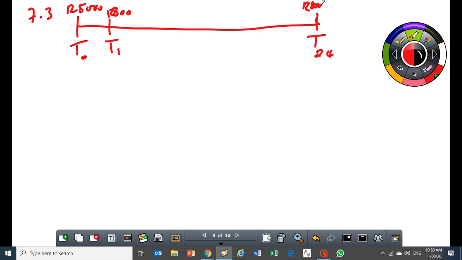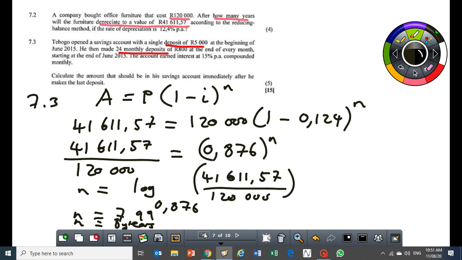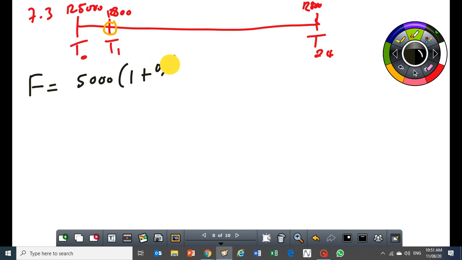Okay, now where does your annuity start? Now your annuity starts here. The 5,000 is not part of the annuity, but it will accumulate interest over the 2-year period. So the future value, F, will be equal to 5,000 times (1 plus 0.15 over 12), all raised to the power of 24, because it is compounded monthly, right?